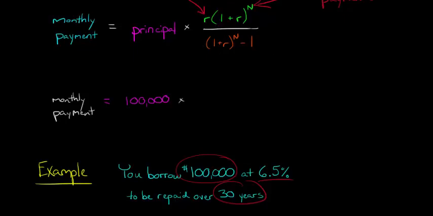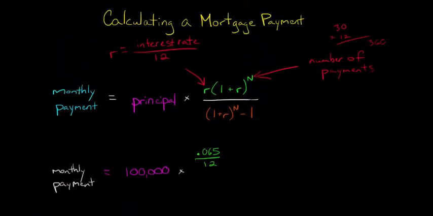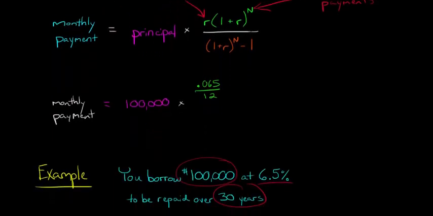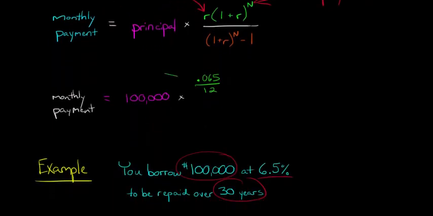But we need to know what R is. So we're going to have 0.065 divided by 12. That's our R, our interest rate divided by 12. If you really want to know, it comes out to, rounded, 0.005417, but I'm going to leave it like this so you can see.